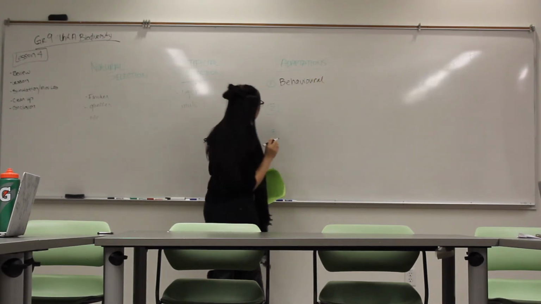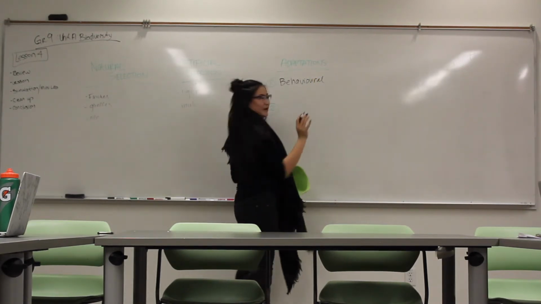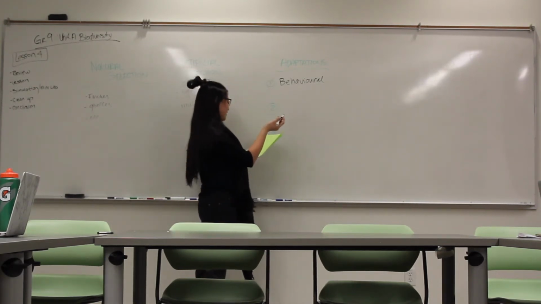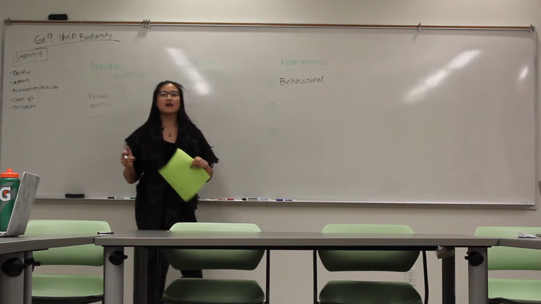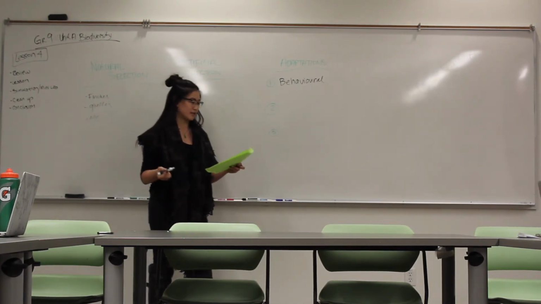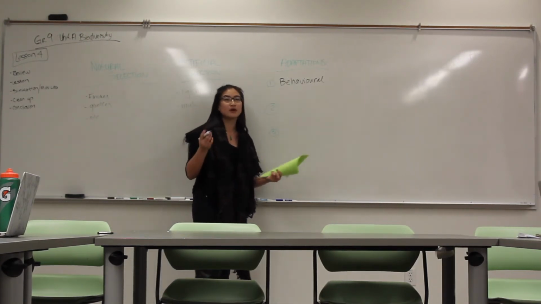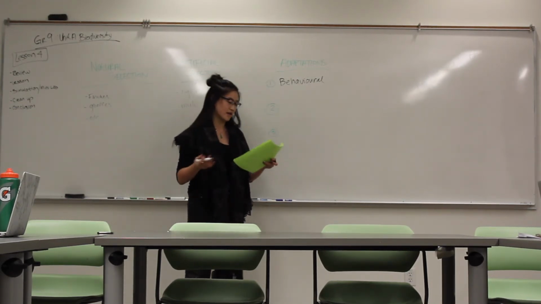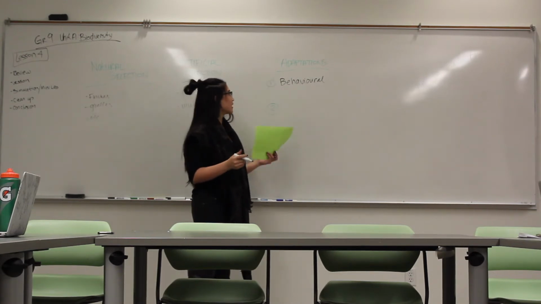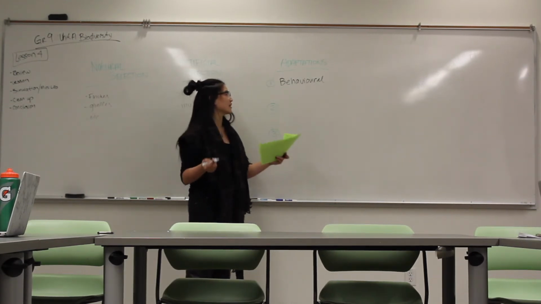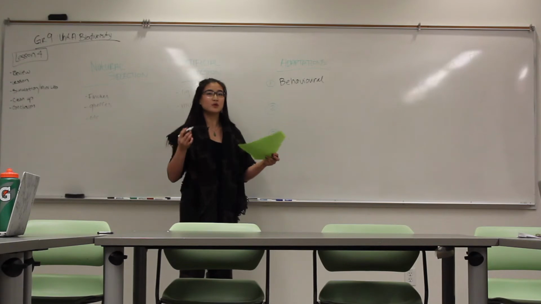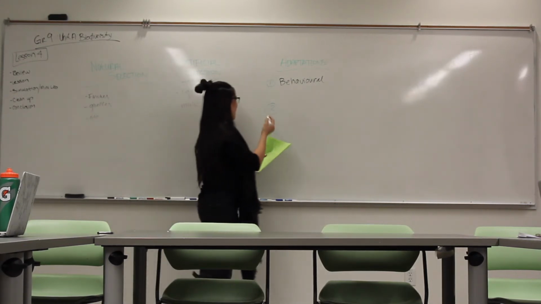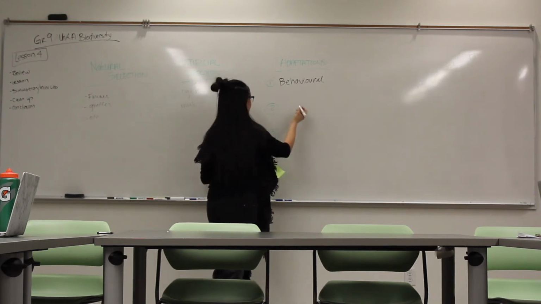So behavioral adaptation is traits to help the organism to survive, such as bird calls or migration, hibernation, all that kind of stuff. It's also traits that help with tools, such as language or swarming behaviors. And number 2 is physiological.